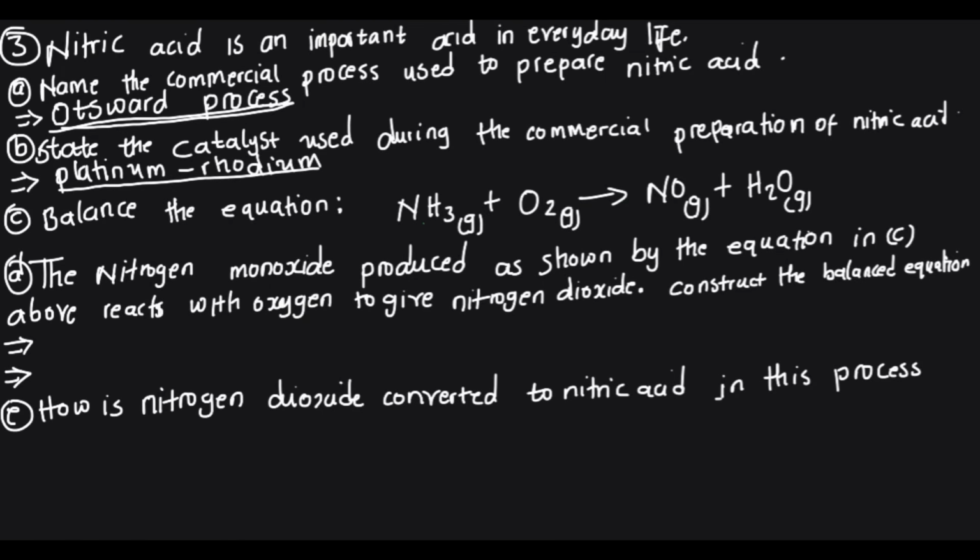So let's say we use 4 here, 4 nitrogen, then we also put 4 nitrogen here, so that we have 4 nitrogen here and also 4 nitrogen here. So now nitrogen is balanced.